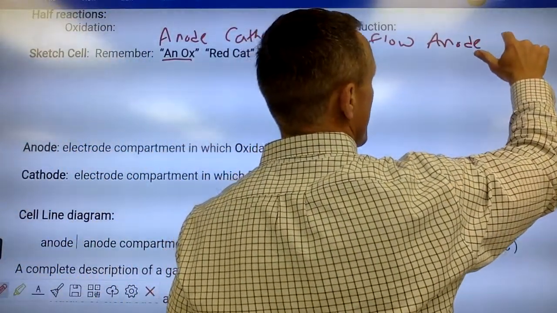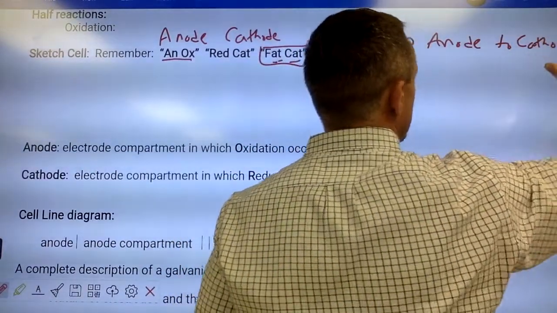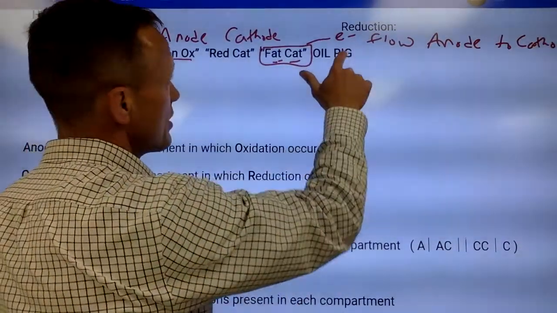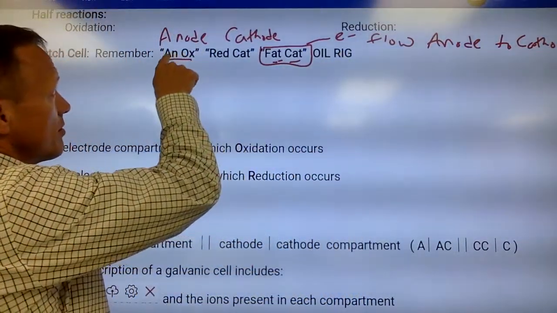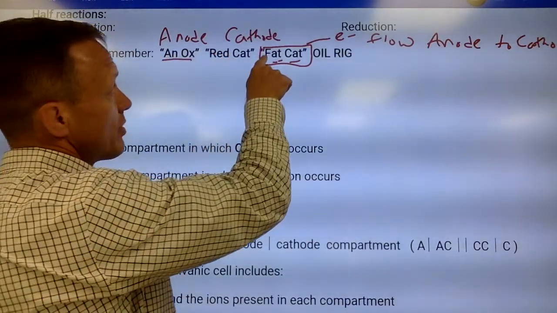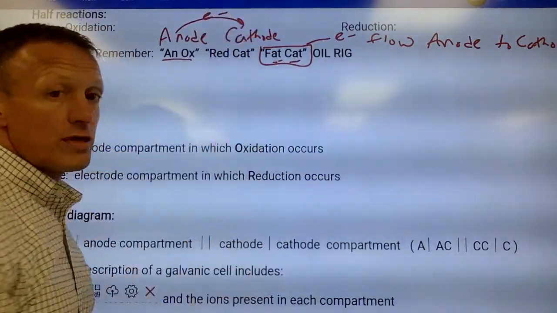Fat cat. Electrons flow from the anode to the cathode. Then oil rig, you know, oxidation is losing, reduction is gaining. So oxidation occurs at the anode, reduction occurs at the cathode. Electrons flow from the anode to the cathode.